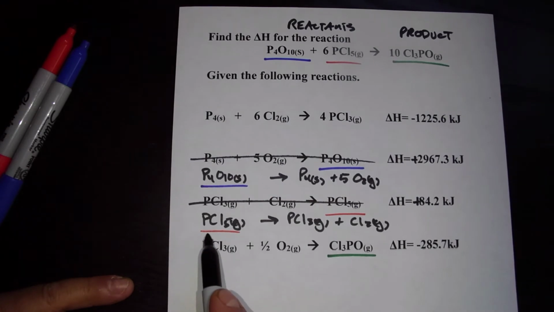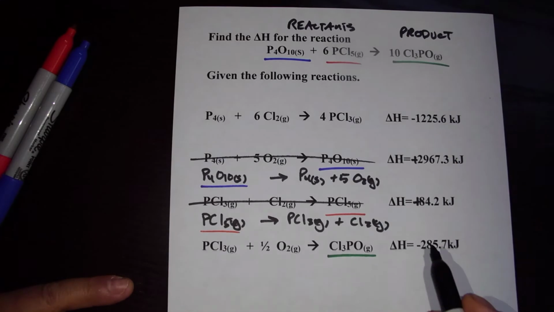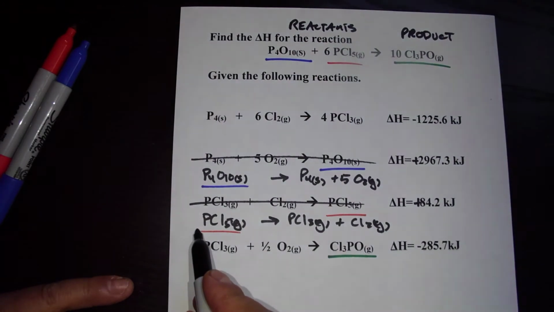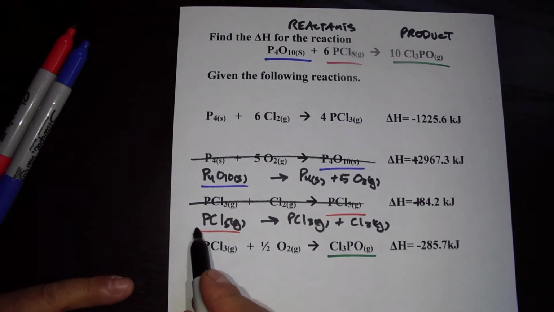So we got this guy right here, but it's only a 1. So unless I can find where that PCl5 is somewhere else, where they can then add together, I'm going to assume that I need to multiply this by 6. If I'm going to try to get this thing to 6 and this guy to 6 so that they're basically the same, and that's what we're trying to do, then I've got to not just multiply this one by 6, but I have to do it throughout the entire equation.